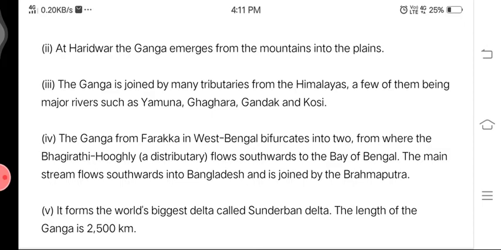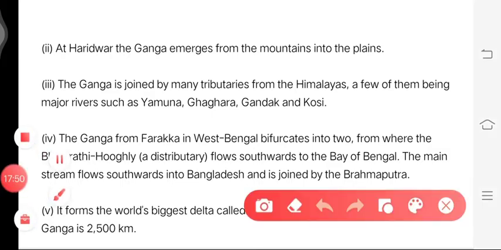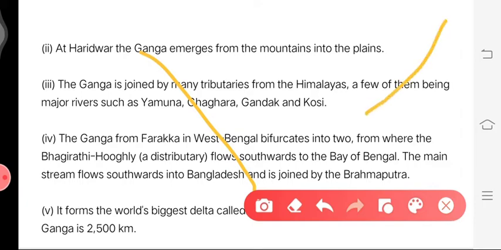The main stream flows southward into Bangladesh and is joined by the Brahmaputra, which enters India from Arunachal Pradesh.